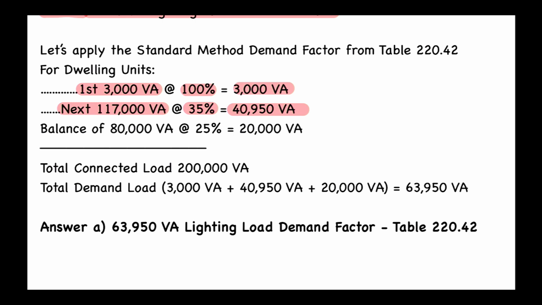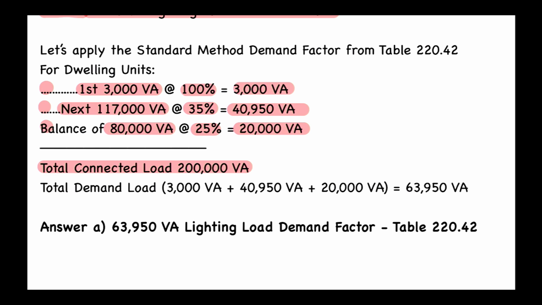And then we take the balance of 80,000 VA at 25%, and that gives us 20,000 VA. Also, notice that the 3,000 VA plus the 117,000 VA plus the 80,000 VA equals our total connected load of 200,000 VA.